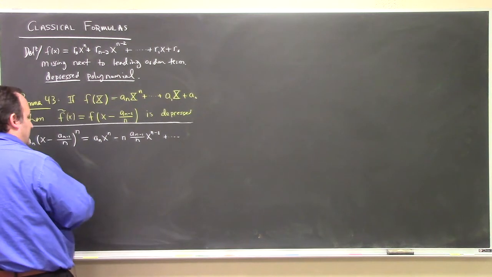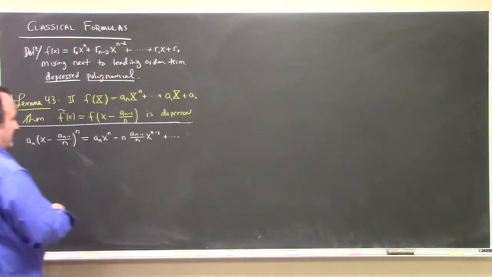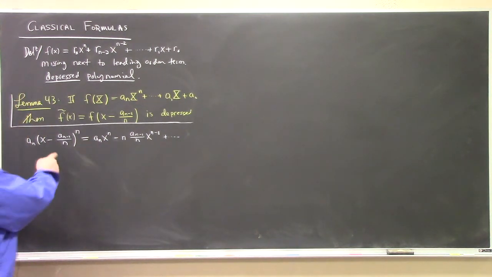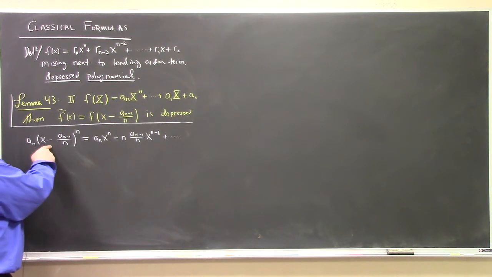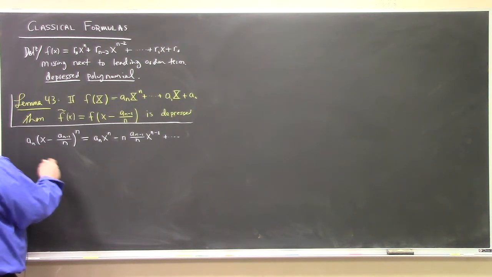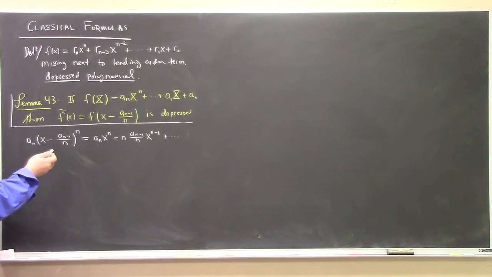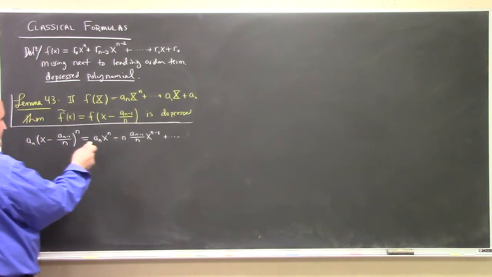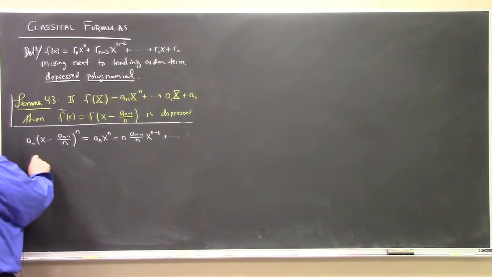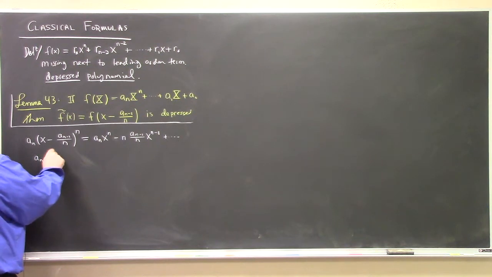So that's what happens there. When you take this, and then you subtract, you get alternating plus or minus with the same thing. So like the next term down, you're going to end up with plus a_{n-2} x to the n minus 2, then a_{n-1}.